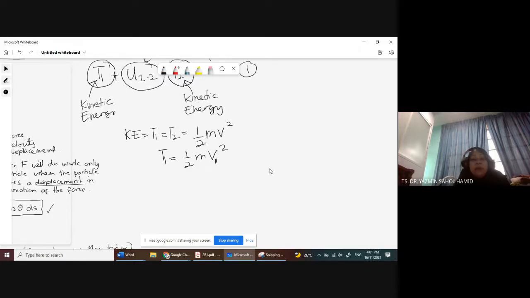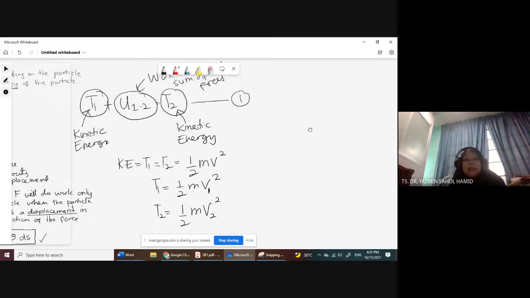For T2, it's the same formula, 1 over 2 mv squared, but with the final velocity, because your particle is going to move from one position to another position. So you will have an initial velocity and a final velocity. And the unit for kinetic energy and work is joule. Okay, guys?